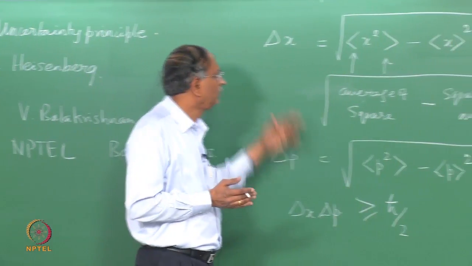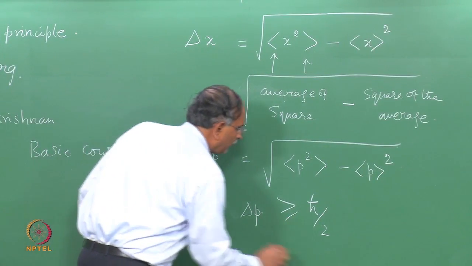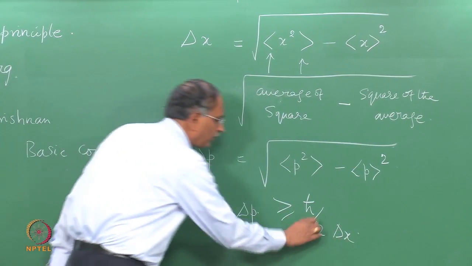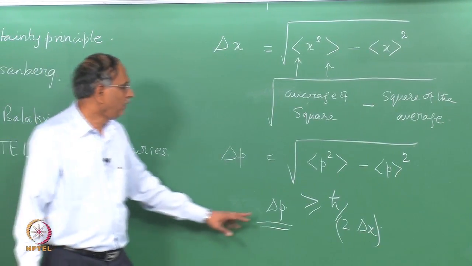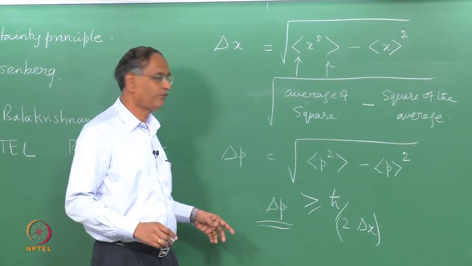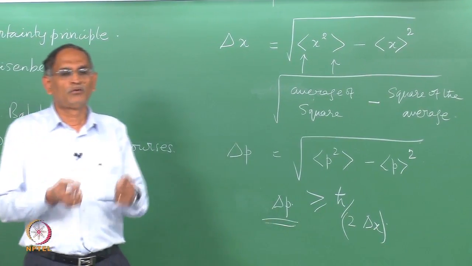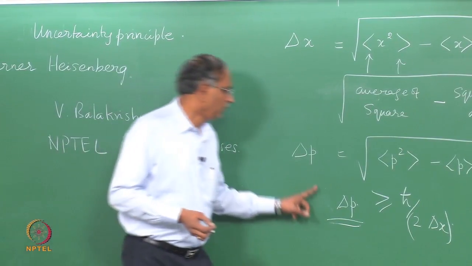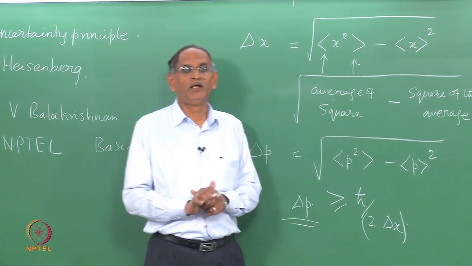If you do that, what the uncertainty principle tells you is that delta x is in the denominator, therefore the uncertainty in delta p is very large. It is not possible for us to control the uncertainties of both of them to absolute minimum, so as not to violate this particular relation.